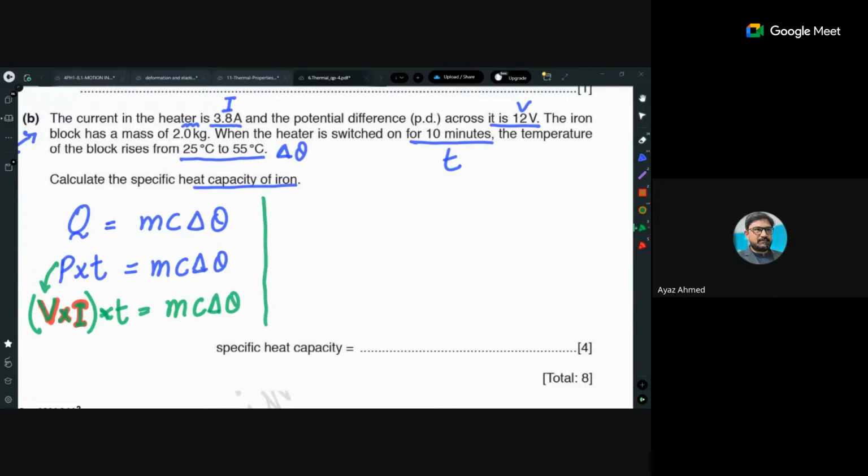Just make c the subject, so your c will be equal to VIt divided by m delta theta.